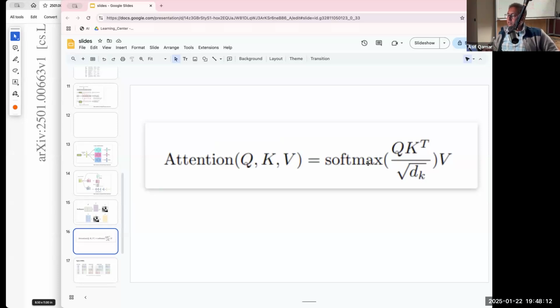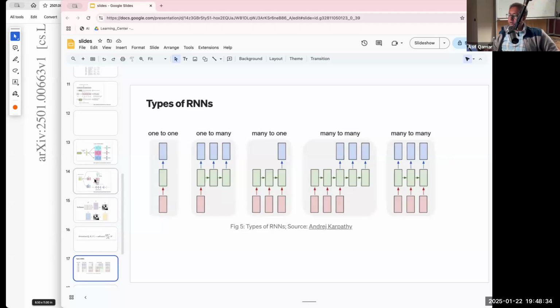It's a softmax over the q vector and the k vector transposed, divided by a scaling factor based on the dimensions of the matrix, and then multiplied with the v vector. We don't need to dive into this equation, but imagine these are attention vectors now.